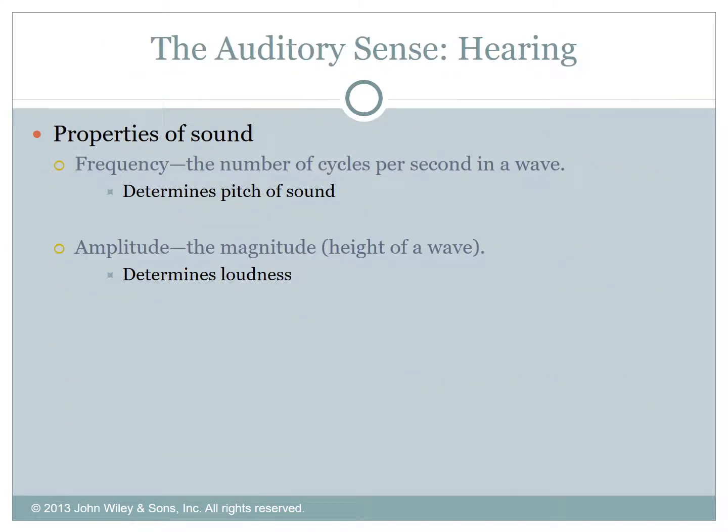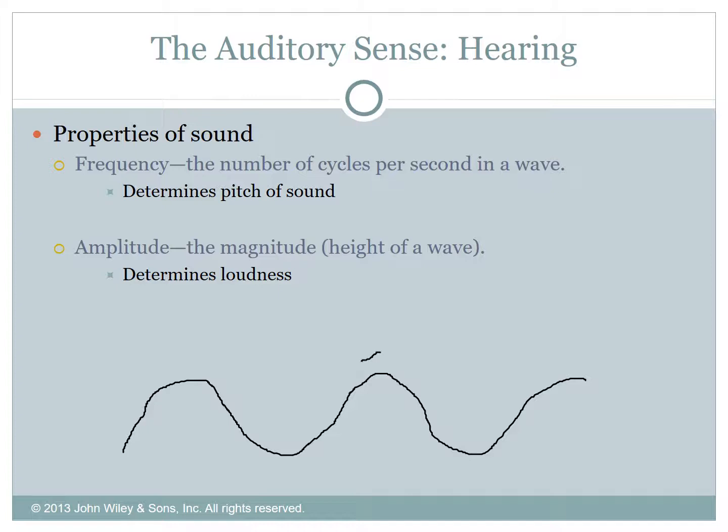The auditory sense, hearing, is detected through sense nerves in the ear. Sound has a set of properties that exist in order to process information. Now, when we draw a sound wave, it tends to look like this. However, that's not really what a sound wave is.